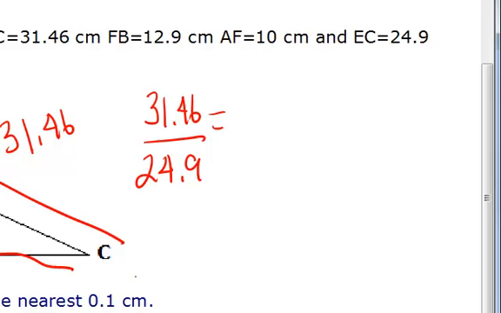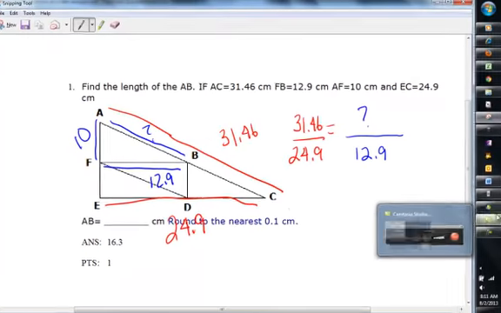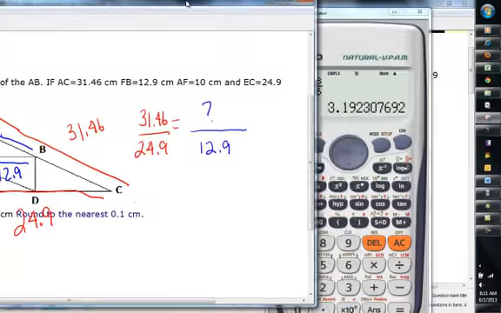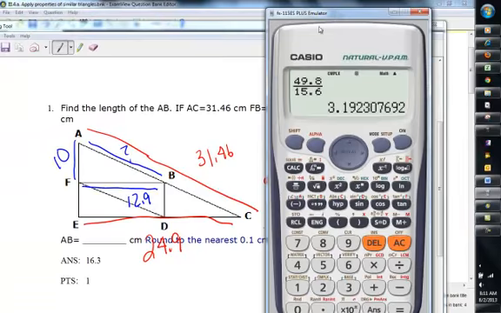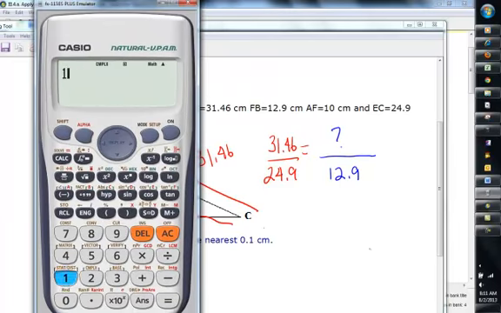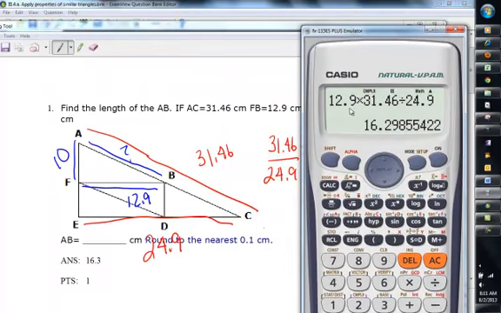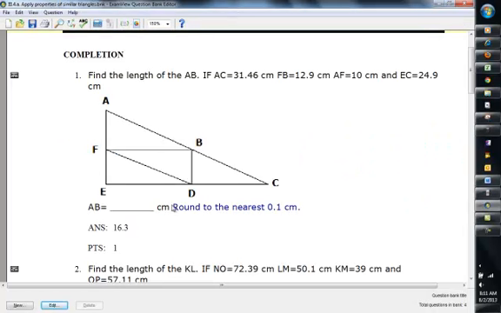On the other side, let's do the bottom of the little triangle, and then we're looking for the slanty side there, hypotenuse we would say. So on our calculator, we have cross multiply 12.9 times 31.46 divided by 24.9, and we get 16.29. Rounded to the nearest tenth would be 16.3. Next one.